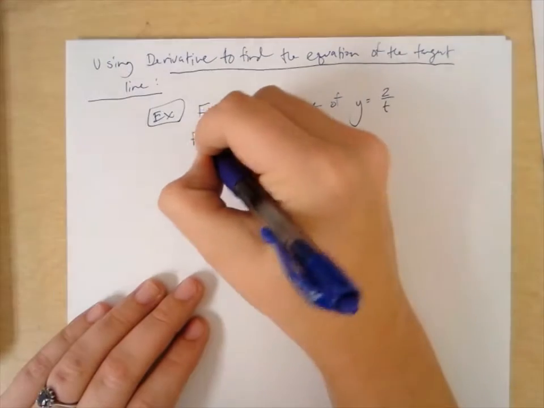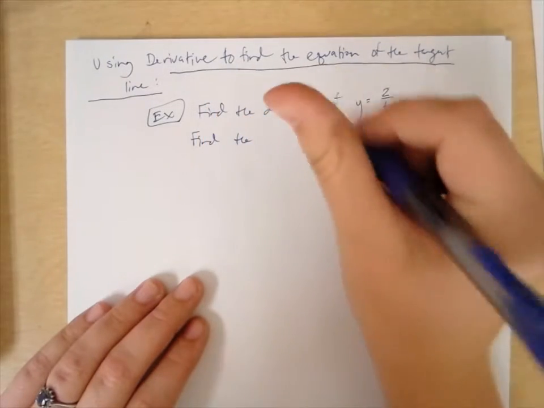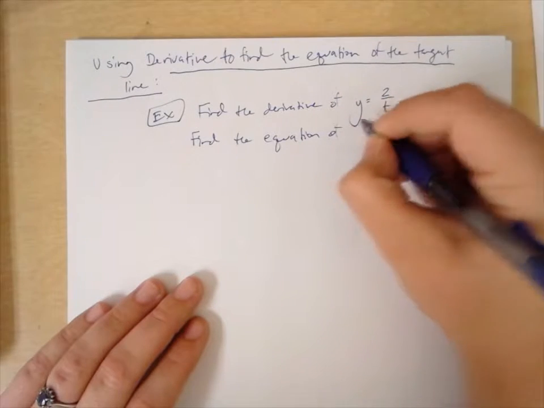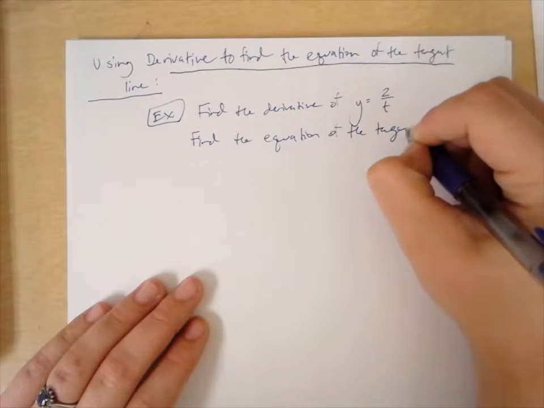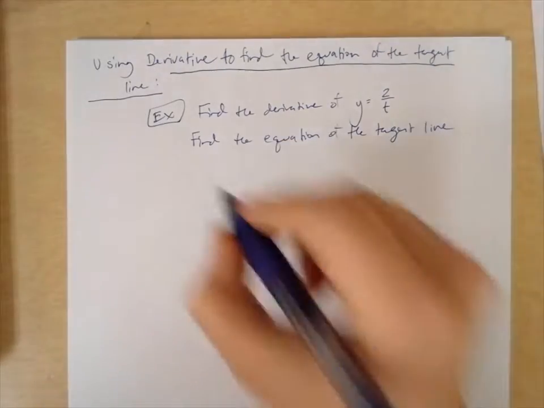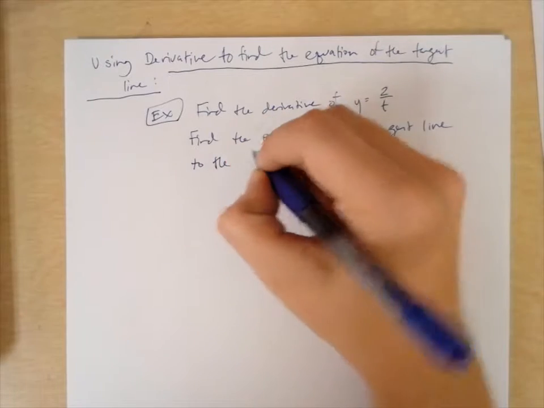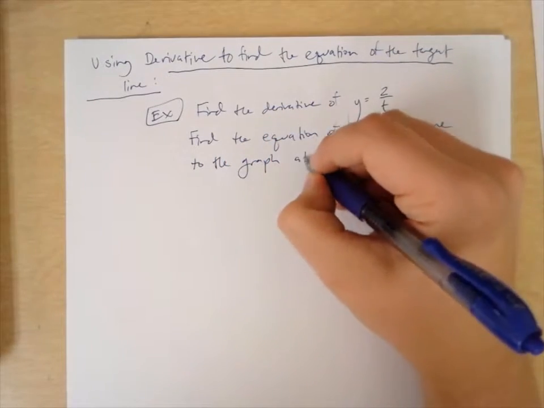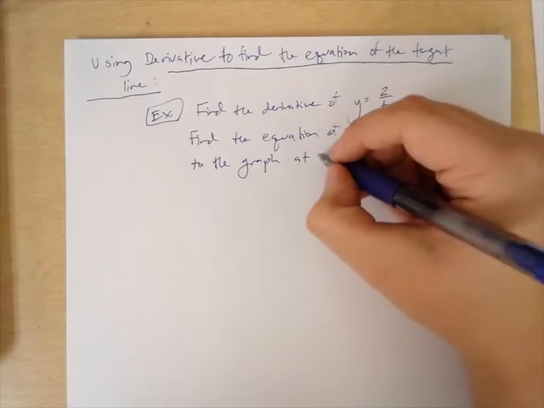And we're also going to find the equation of the tangent line to the graph at (1, 2).